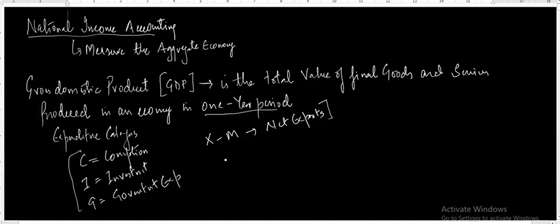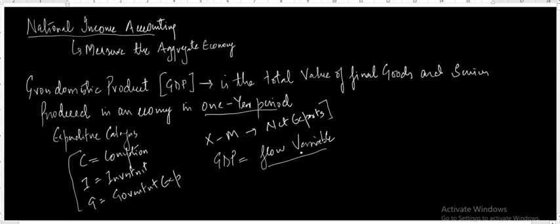Now, another concept that I want to talk about is that this GDP is a flow variable. When I talk about GDP as a flow variable, I say this is the final value of the goods and services, or the final output, of a country that it produces per year. So we measure this GDP continuously. For example, we can measure it quarterly, we can measure it annually.